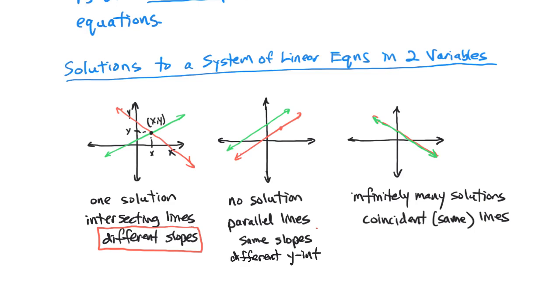And put this in red. Then when you have coincident lines, which are the same lines, everything's the same: same slope, same y-intercepts.